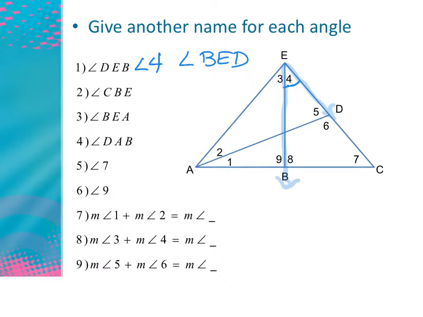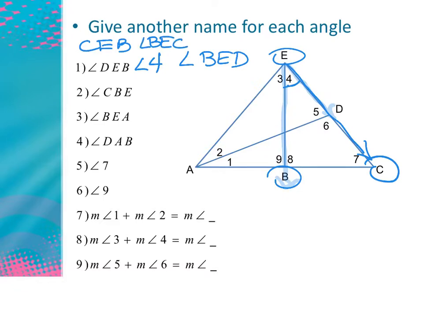Now, I could have also gone past the D on this one, because remember, the ray keeps going. So another name for this could have also been CEB. So I could have also called this CEB or BEC.